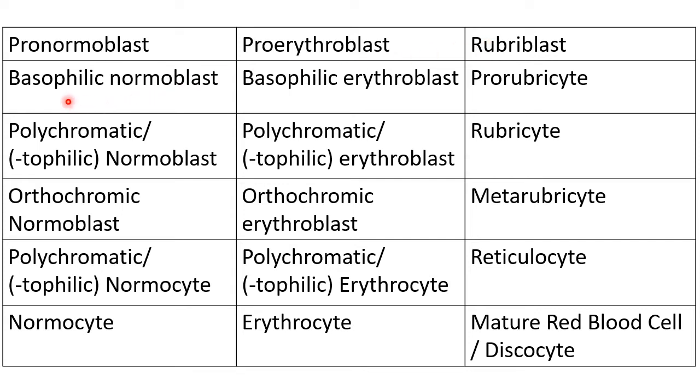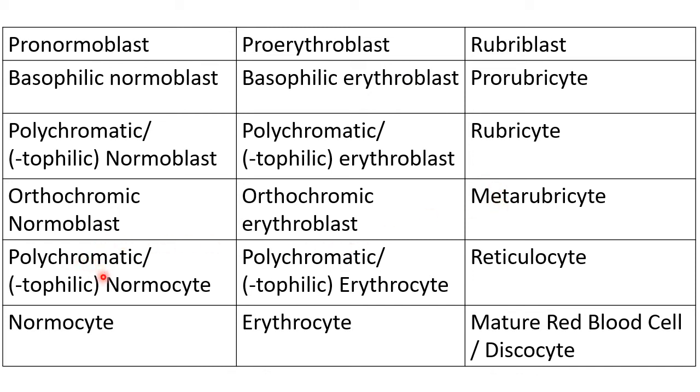Next stage, basophilic normoblast or basophilic erythroblast or prorubricite. Next stage naman, polychromatic or polychromatophilic normoblast, erythroblast, or rubricite. Orthochromic normoblast, orthochromic erythroblast, meta-rubricite. Meta means next. No? So, hindi kayo magpapalito dito.